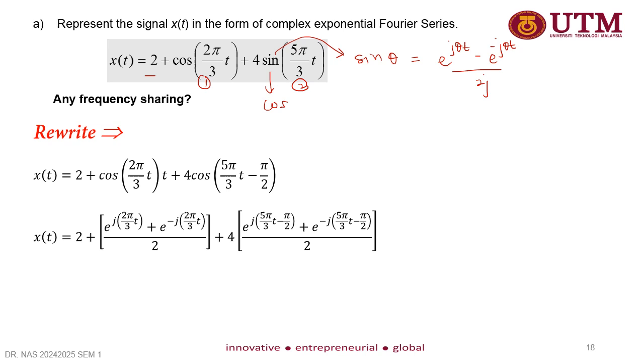It'll be a bit confusing sometimes when you have j at the bottom and you need to play around with the phase shift. That's why I would recommend you to convert all sine functions into cosine function first.